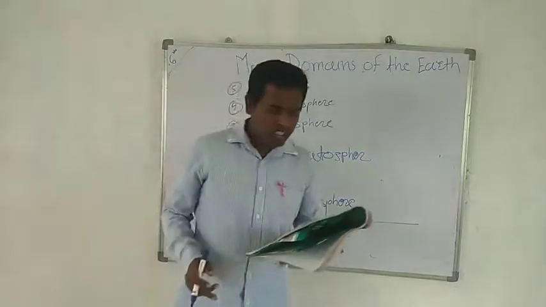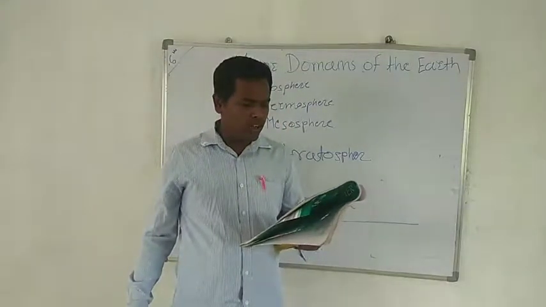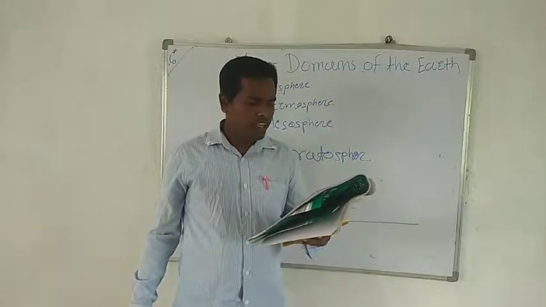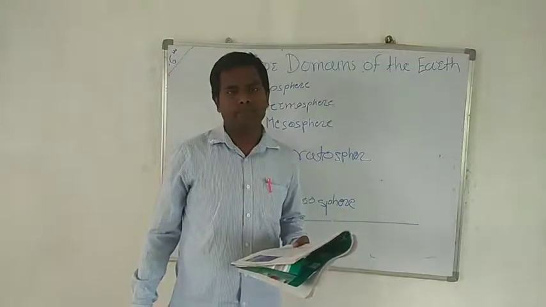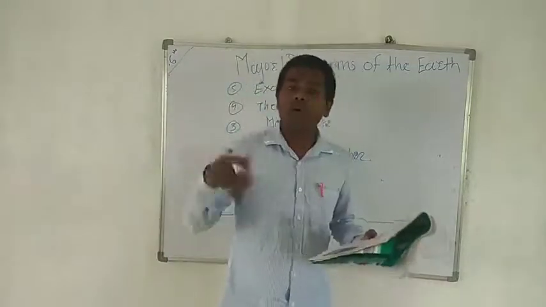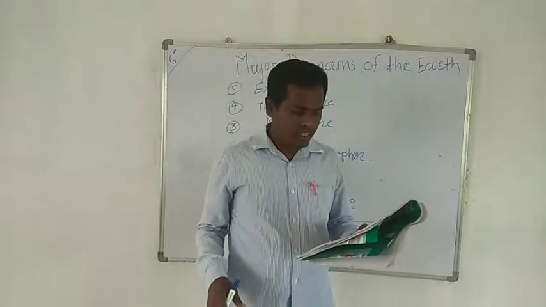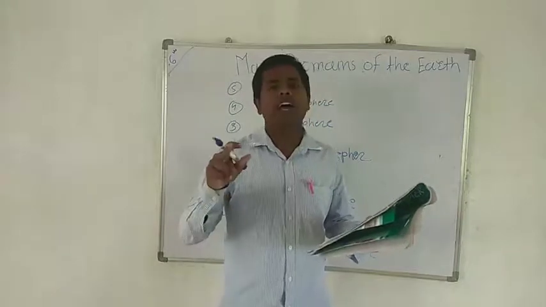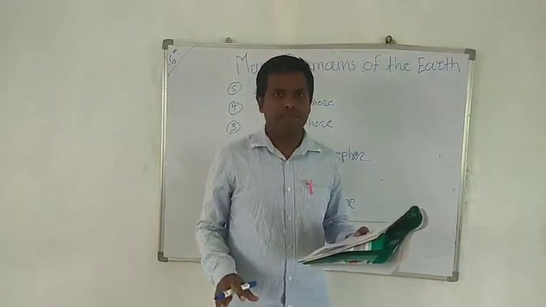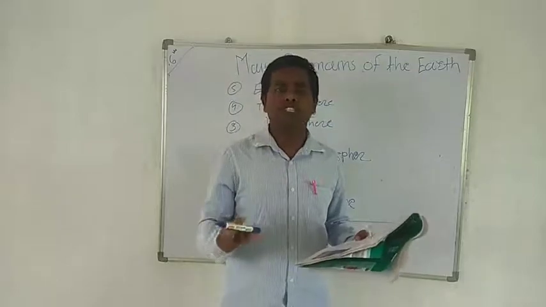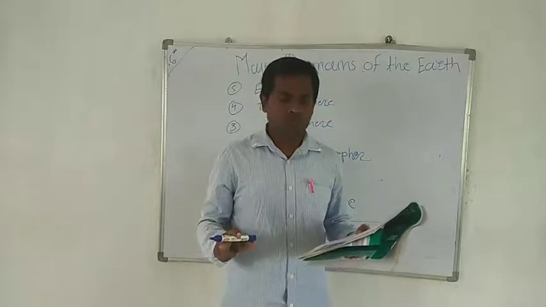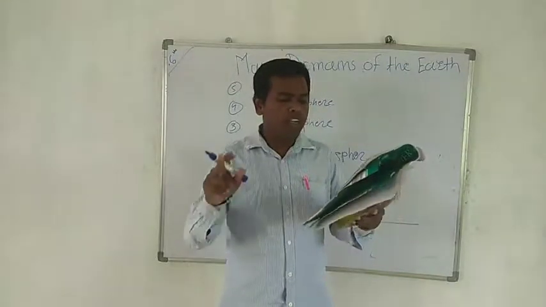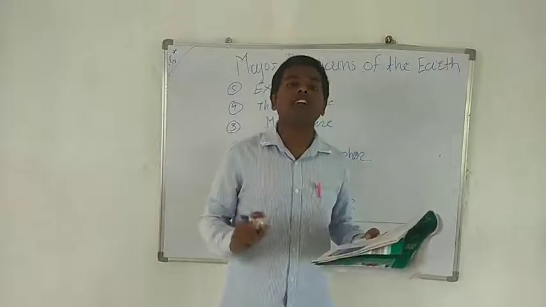How is our atmosphere composed? It is composed mainly of nitrogen and oxygen, which make up about 99% of clean dry air.